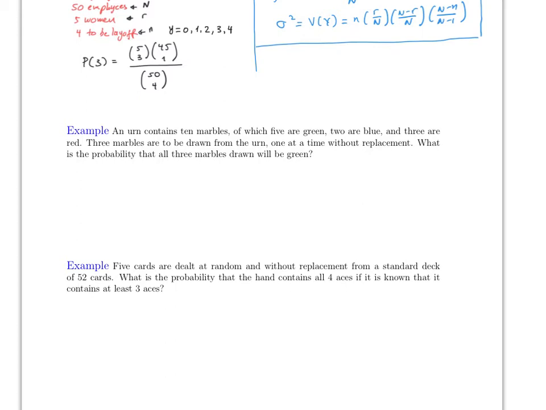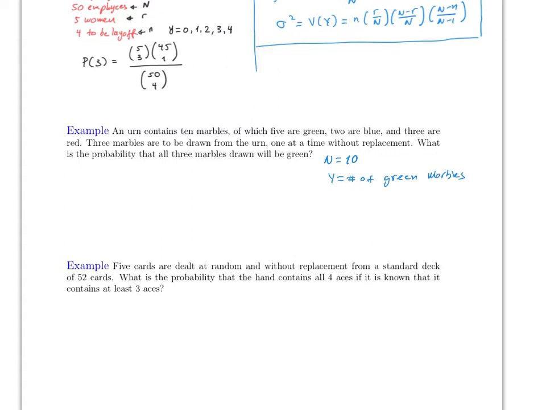So the example is the following. You have a box or an urn that has 10 marbles. Of those, 5 are green, 2 are blue, and 3 are red. So therefore, this is what we have so far. Capital N is equal to 10. Here, y is going to be the number of green marbles.